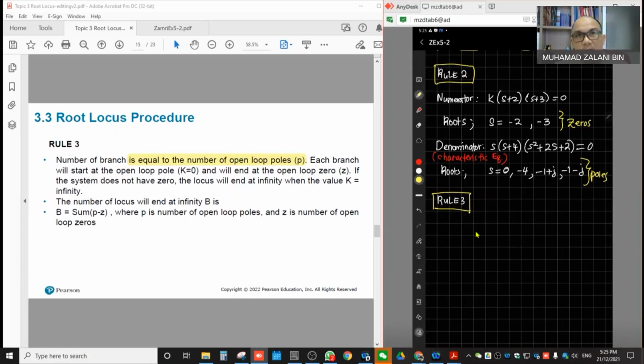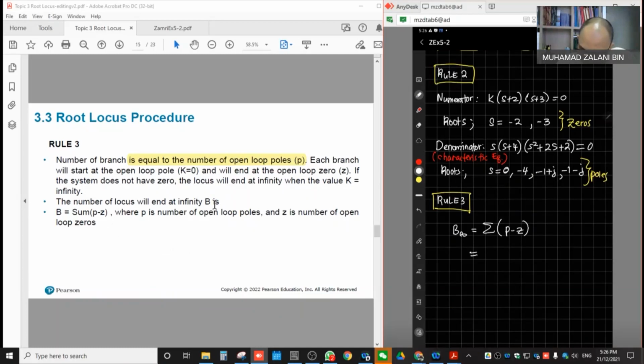We know that we have 4 branches, with 2 branches ending at 0. Start from pole, end at 0. There are 2 branches. So the number of locus that will end at infinity, we can use the formula: B infinity equals the number of poles minus the number of zeros.